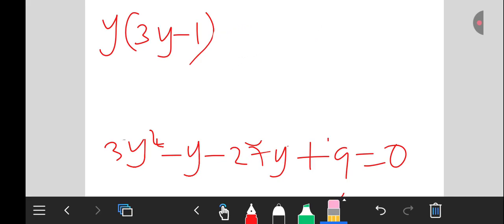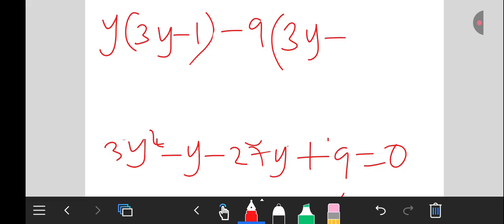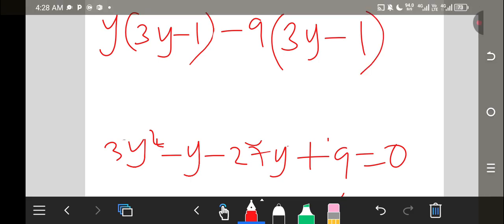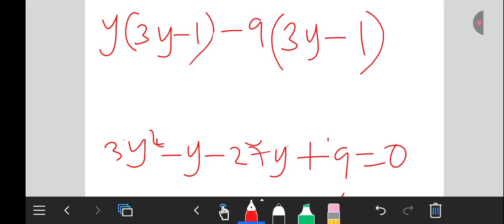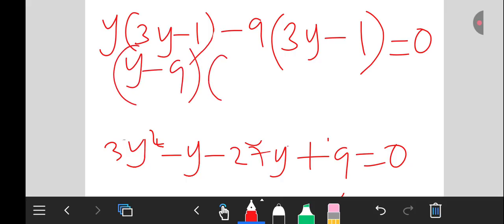Okay, so we factorize negative 9. Here we remain with positive 3y, because 3y times negative 9 is negative 27, then minus 1, so that when you multiply negative 9 by negative 1, you get positive 9 is equal to 0. So we have y minus 9, open brackets, 3y minus 1, is equal to 0.